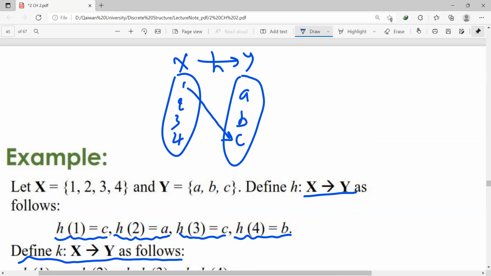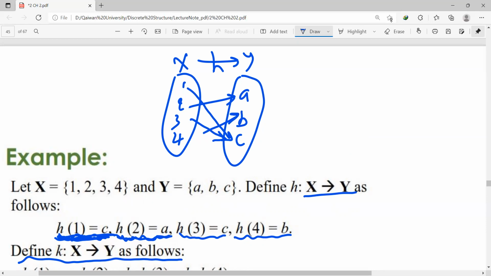It is C. As you see here, H of 1 is C. So image of 1 is C, and image of 2 is A. Image of 3 is C. Image of 4 is B.